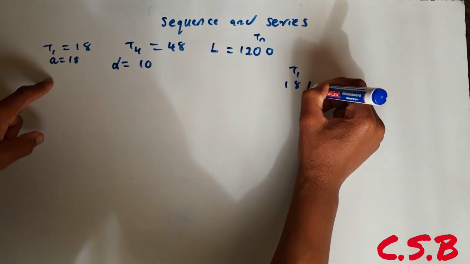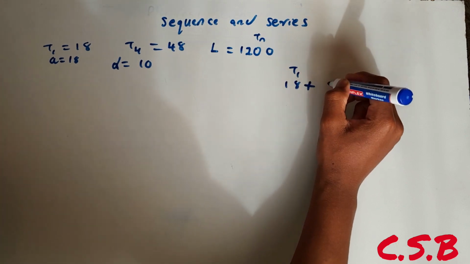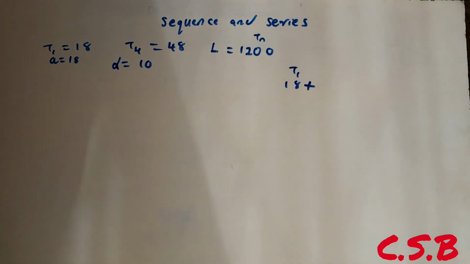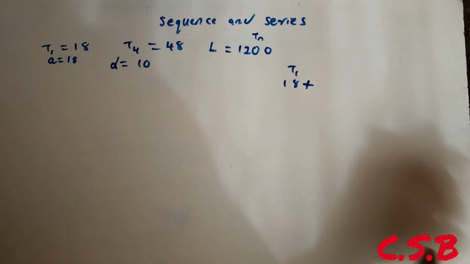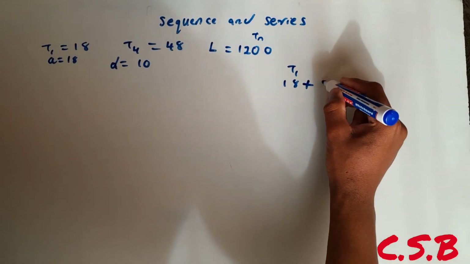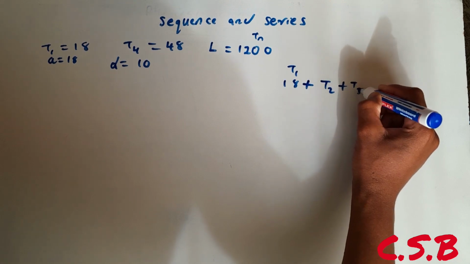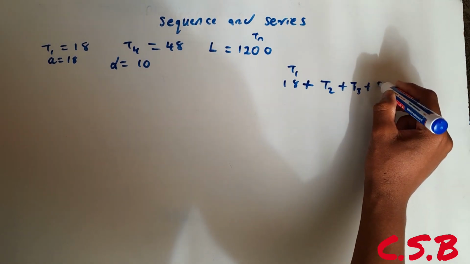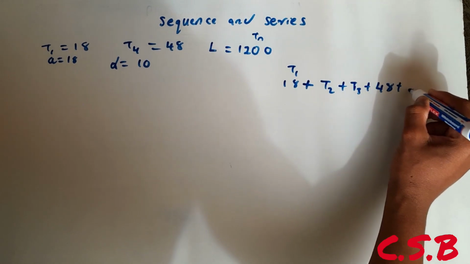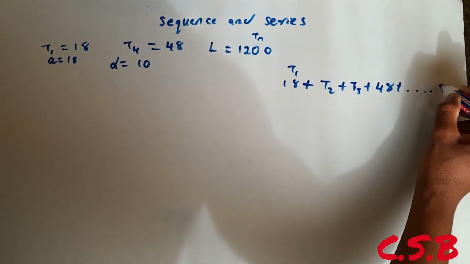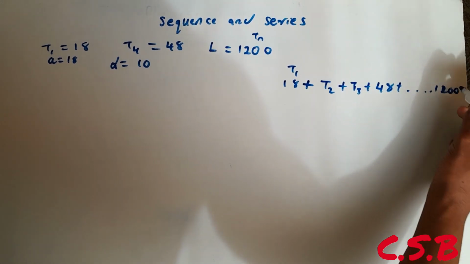plus. Let me make it a sequence for a sum so we can add them. Then T2 we don't have, then plus T3 plus T4 is 48, plus up until 1200.